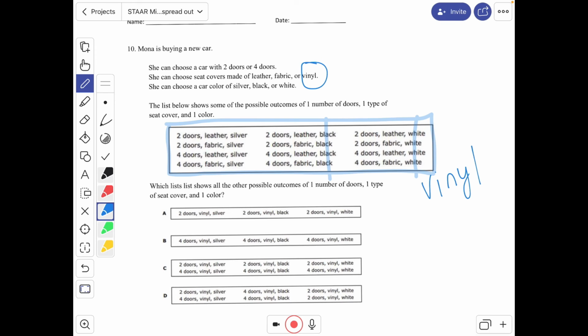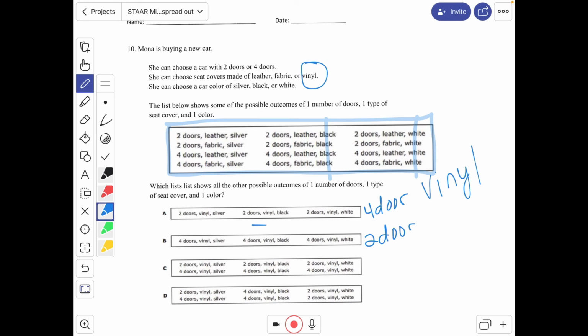So choice A shows 2 doors with vinyl and silver. Well, that has vinyl, but choice A is missing the 4-door option. And B says 4 doors with vinyl and silver, vinyl and black, vinyl and white. So it's missing the 2-door option.